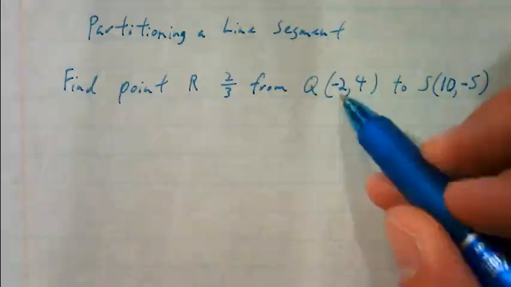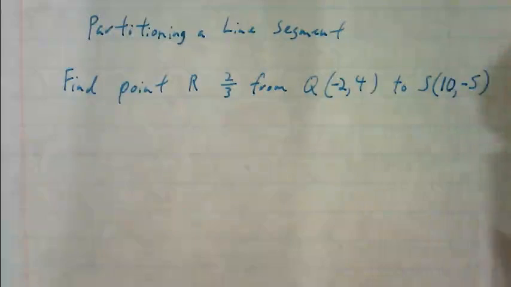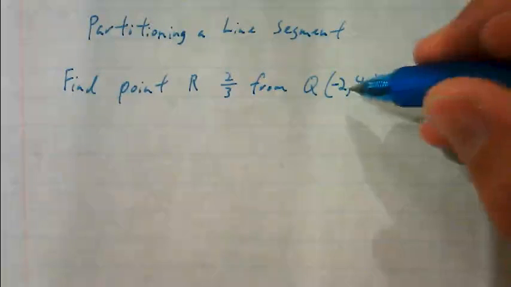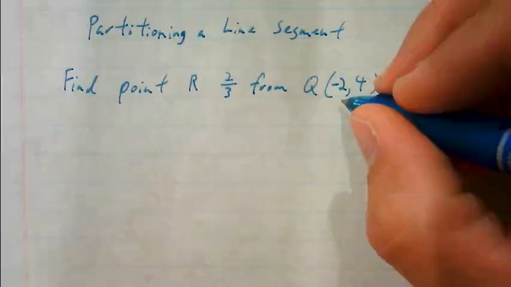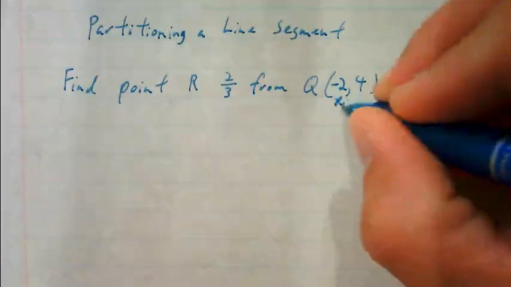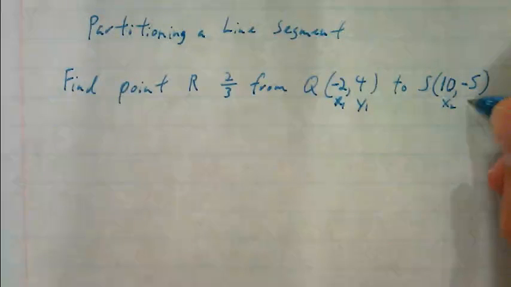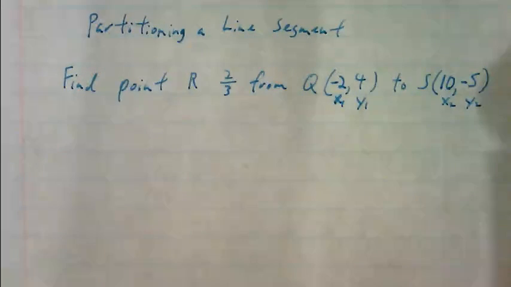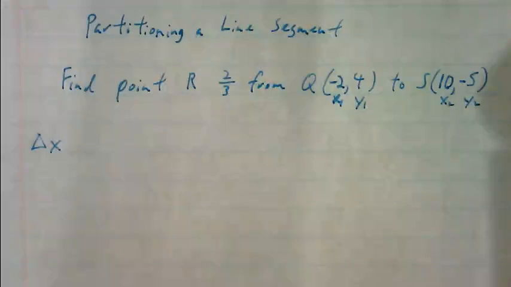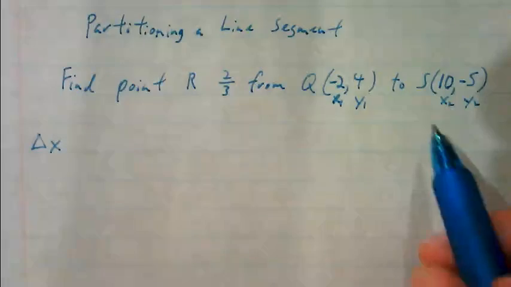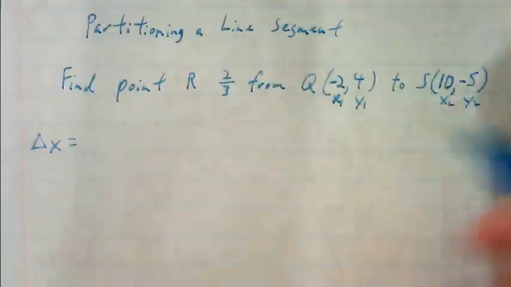And again, we have our 2 points. I'm going to call this X1, Y1. I'm going to call this X2, Y2. All right. So, first thing that we have to do, we are taking the change in X by finding the difference between those 2 X values.